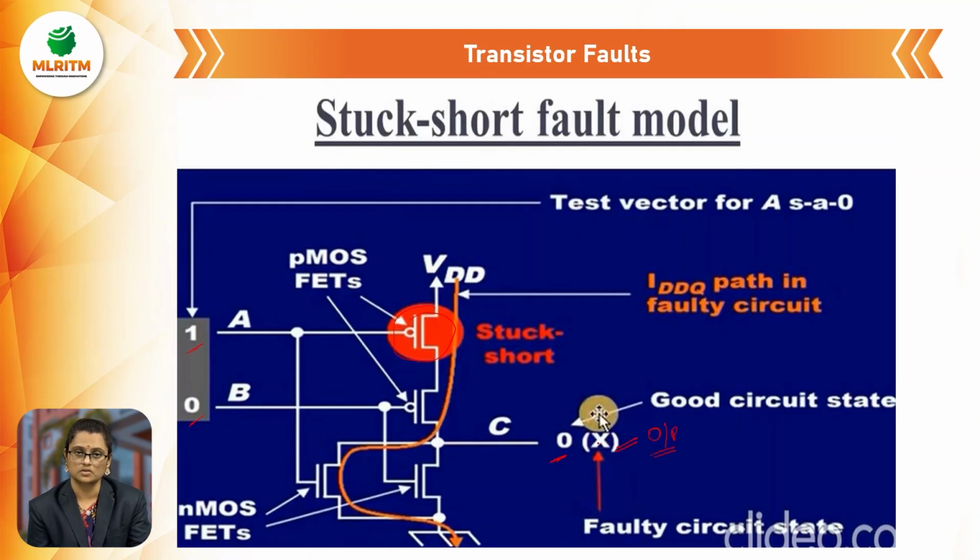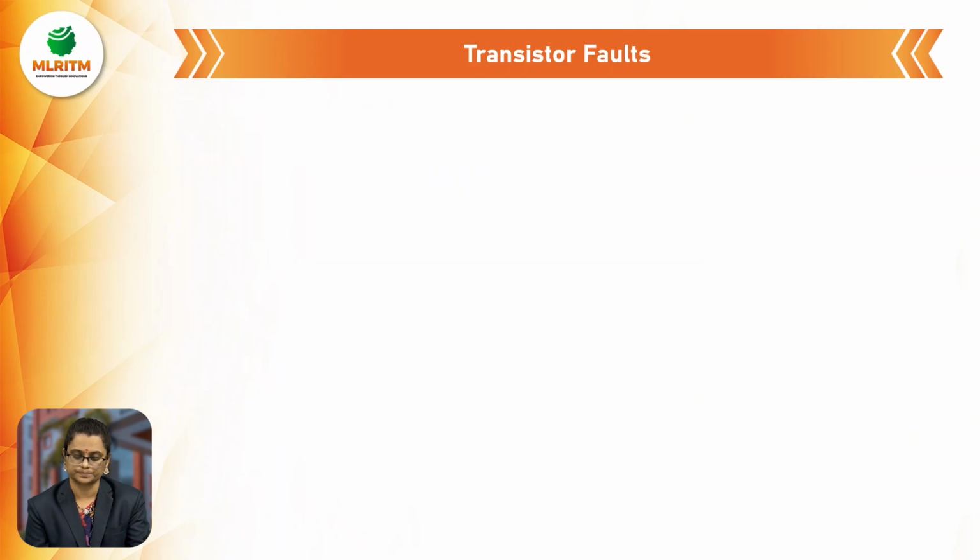This X is also a faulty circuit state. So if it is 0, good circuit state, meaning this is a fault free circuit. If it is X, it means faulty circuit. If it is 0, that is a fault-free circuit. This is about fault models.